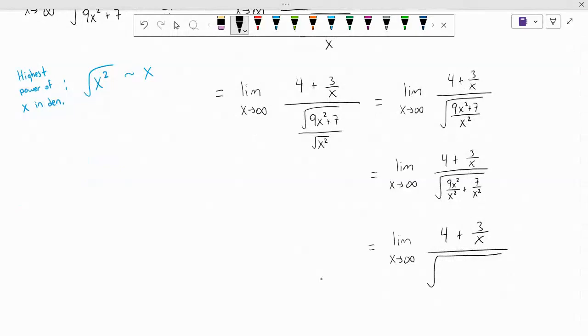All right, and then 9x squared over x squared, the x squared cancel, that leaves you with 9. And then we still have the 7 over x squared term.